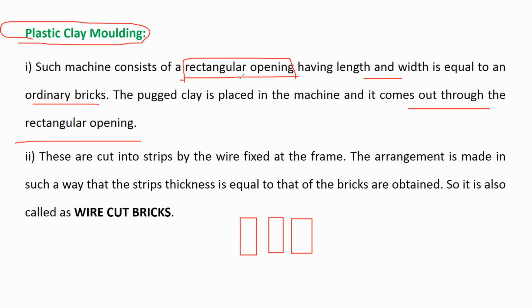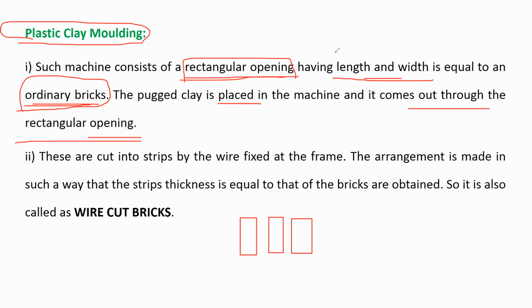So here we will have a rectangular opening, with a length and width equal to that of an ordinary brick. The length and width of the rectangular opening will be the same as that of the normal ordinary brick. The pugged clay is placed inside the machine, then it comes out through the rectangular opening.